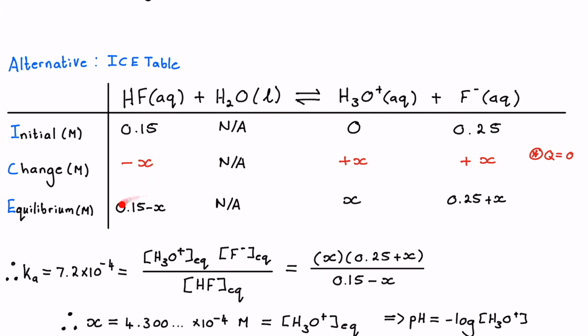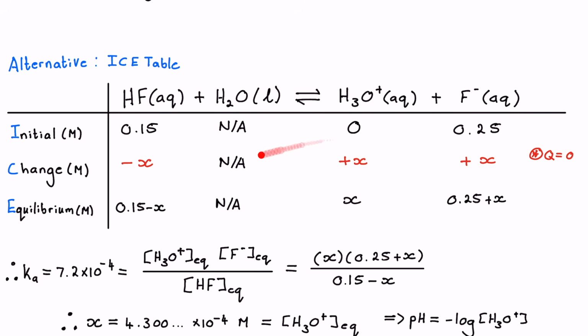And so at equilibrium, your reactants will have a concentration of their initial value minus X, hydronium will have a value of X, and your conjugate base will have a value of its initial concentration plus X. And you set up an equilibrium as such, with your acid at its initial concentration and your conjugate base at its initial concentration.